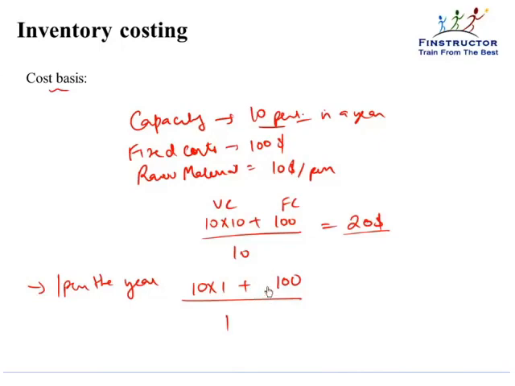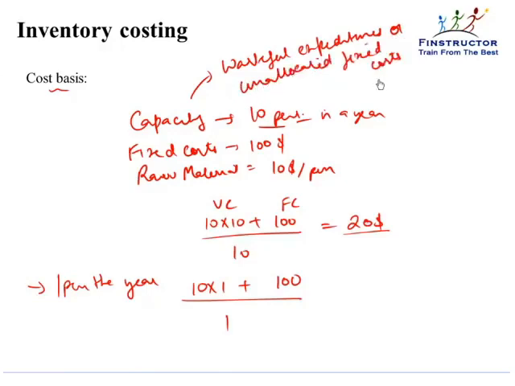So remember that wasteful expenditures, or the unallocated portion of the fixed costs, cannot be loaded onto inventory. So even though we may have spent $100 this year, we would be allowed to ascribe only the allocatable portion of this fixed cost to this one pen.